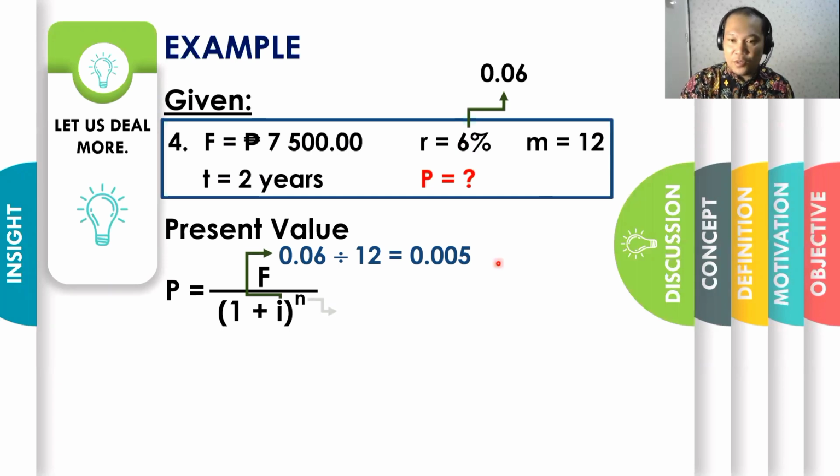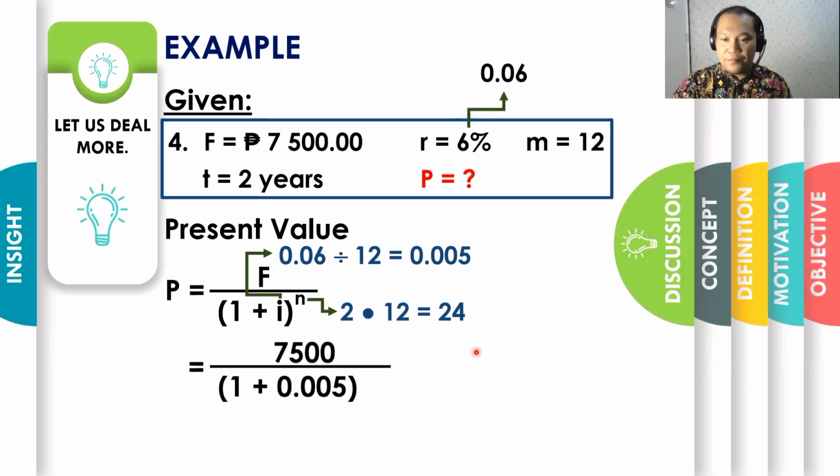On the other hand, N is equal to 2 years times 12, which is 24. Since we are able to find the value of I and N, let's proceed with the substitution. We have 7,500 all over 1 plus 0.005 raised to the power of 24.